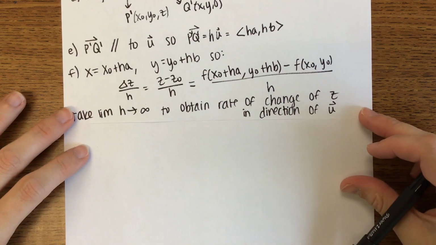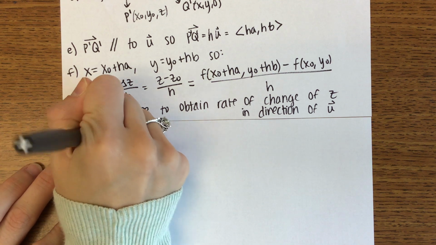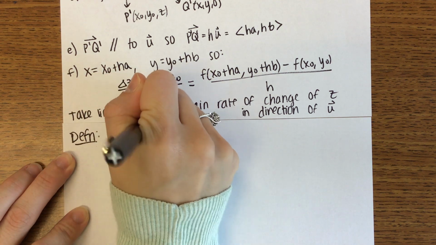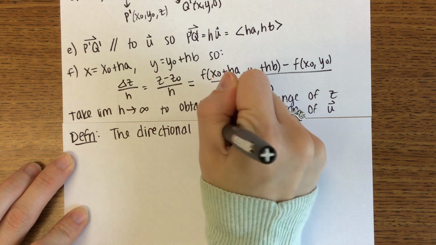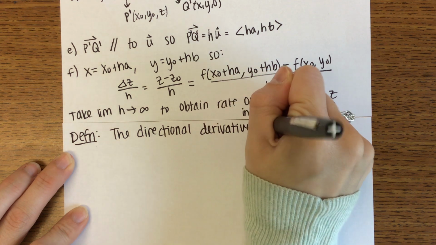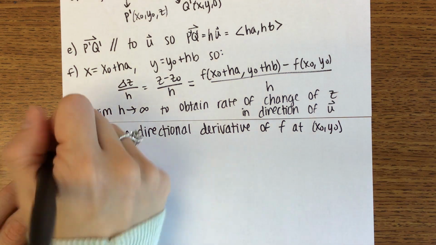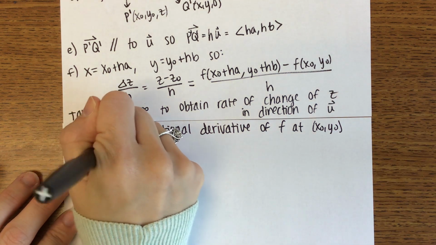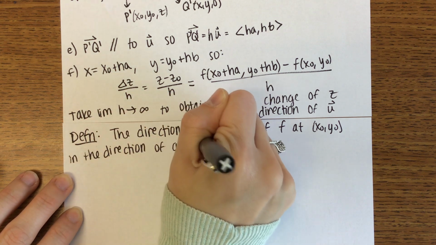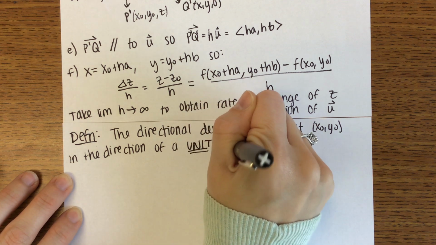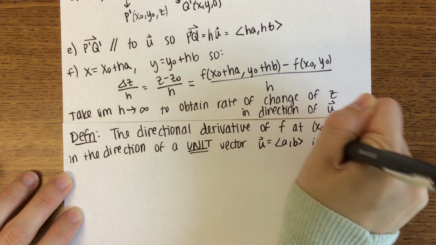Okay, this leads us all to our definition. The directional derivative of f at the point x naught, y naught in the direction of a unit vector u with components a, b is as follows.